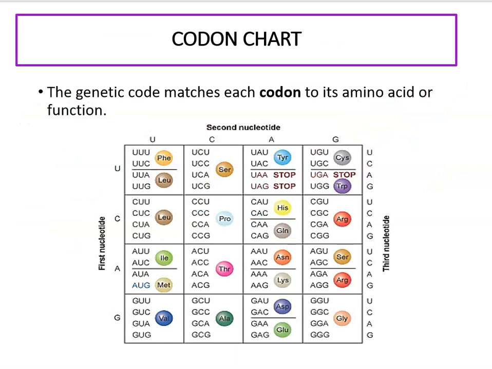So let's say we have the start codon, A, U, G. So that's our start codon. What amino acid does that give us?